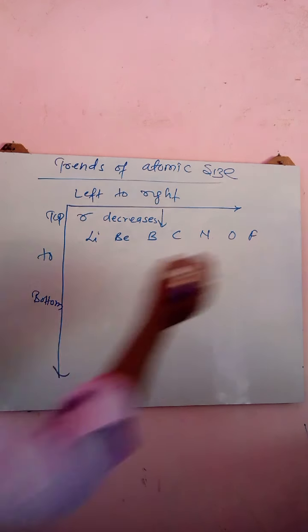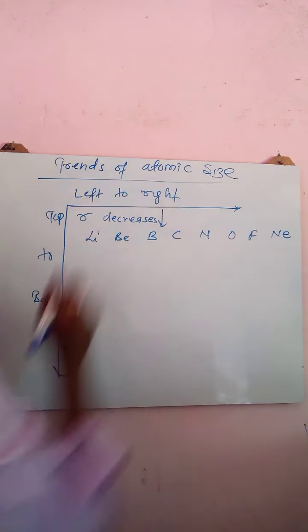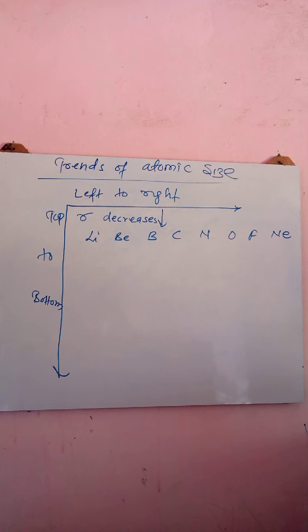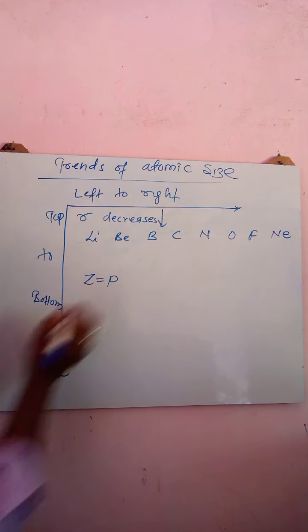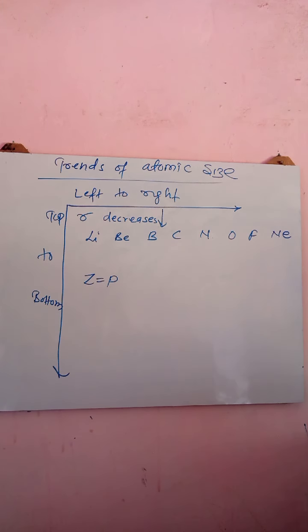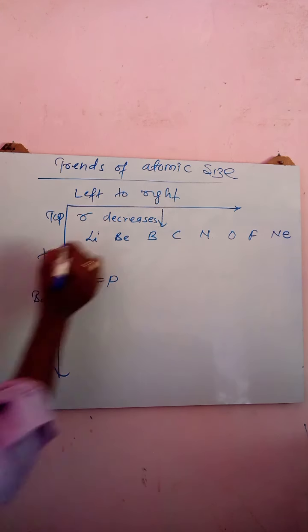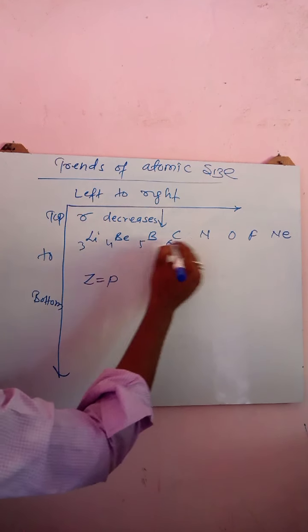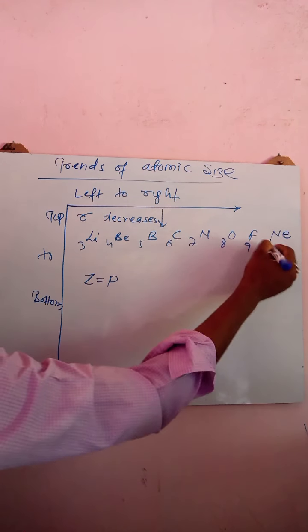You can see how nuclear charge is increasing. When we move left to right, atomic number increases. Atomic number Z is equal to P, the number of protons. 3, 4, 5, 6, 7, 8, 9, 10.